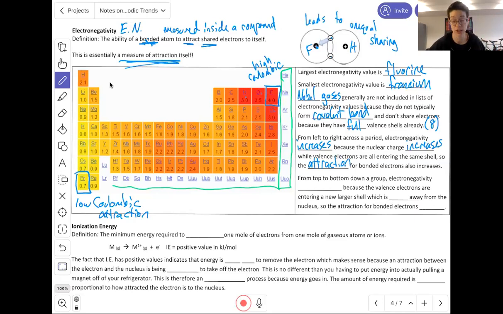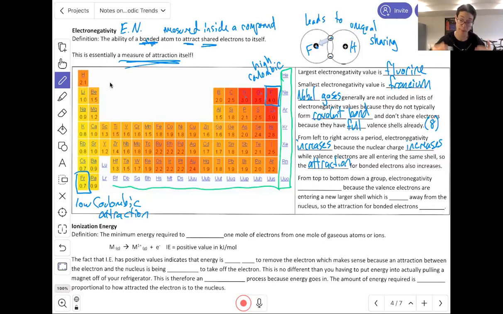If we're increasing the charge while the distance stays the same, you're clearly going to increase attraction. So that's what we see left to right. And that is a very, very obvious trend left to right, that there is a big change there in all of these periods, more so than we see with atomic radius. So there's a very large change left to right in the attraction here in the electronegativity.